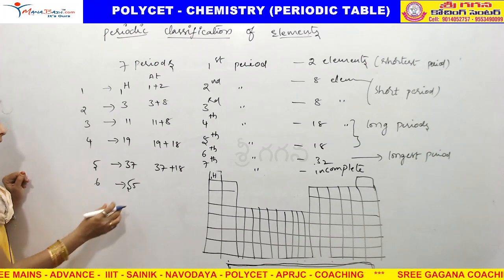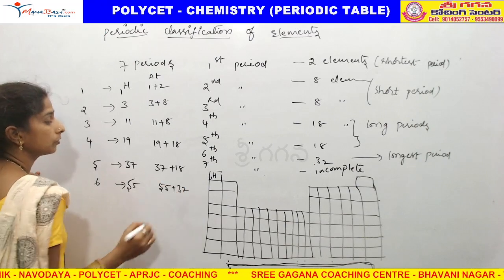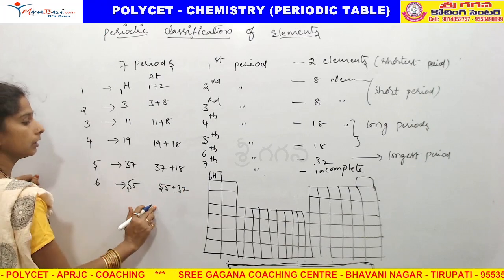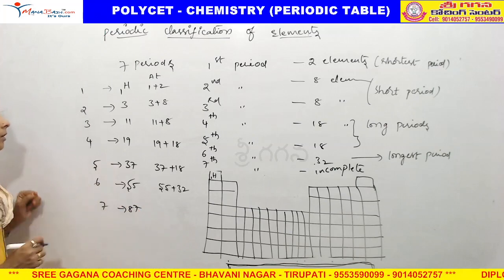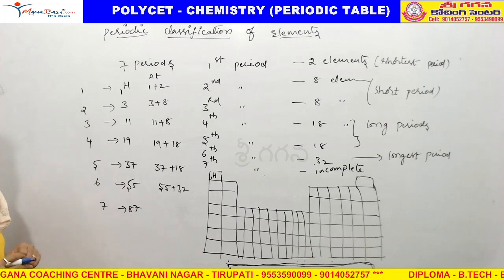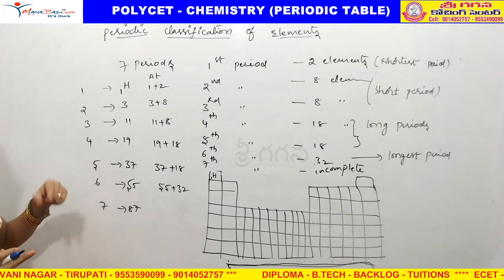So the next element is 55. 55 plus 32 is the 87th element in the next period. So we can find out the atomic number of the element in the next period.